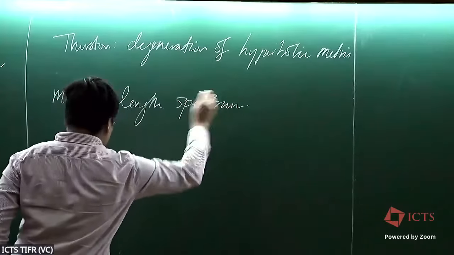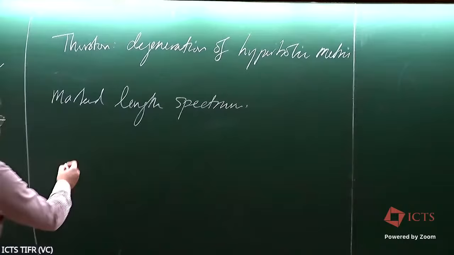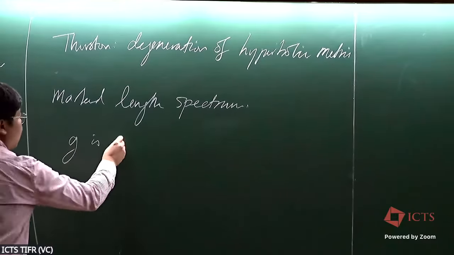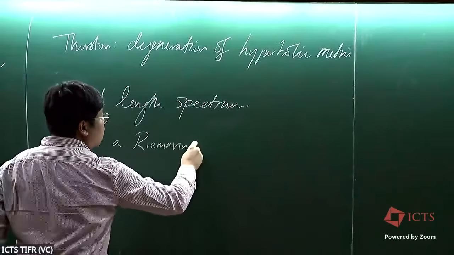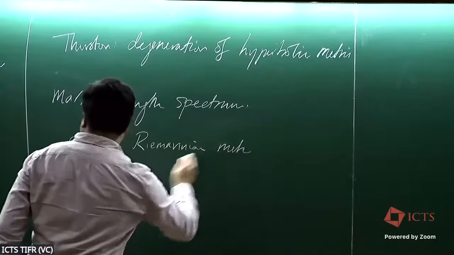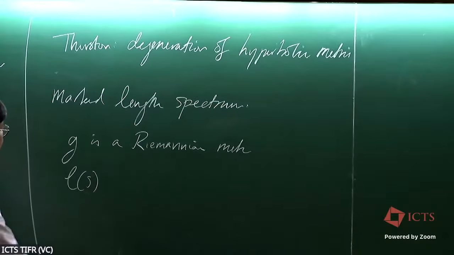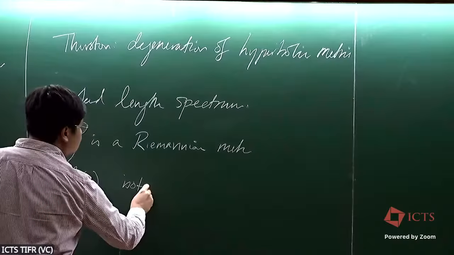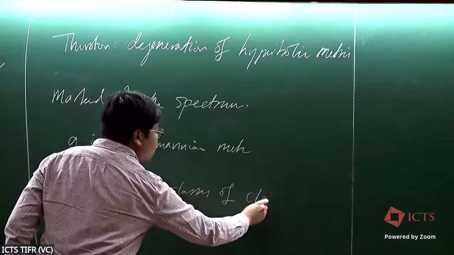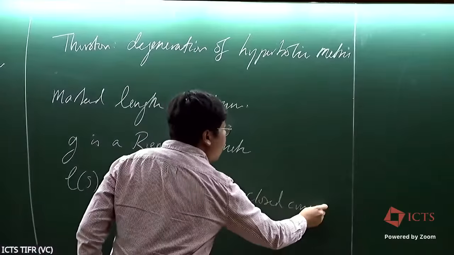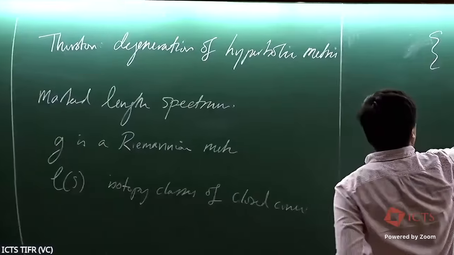So this is, if I have a Riemannian metric, so let's say G is a Riemannian metric, and then if I say script C of S, remember I'm using the same topological surface here, let's say these are isotopy classes of closed curves, then I could introduce what's called the marked length spectrum, which is just the following pair of objects.